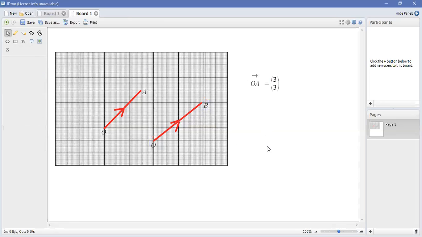Can somebody tell me what the vector OB is? Sir, OB is 3/4. You sure? Count the vector. You never looked at what I did a while ago. I told you which number must come first, didn't I?